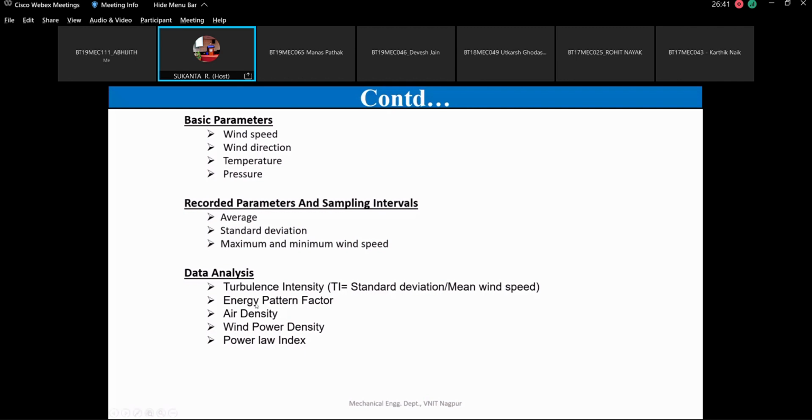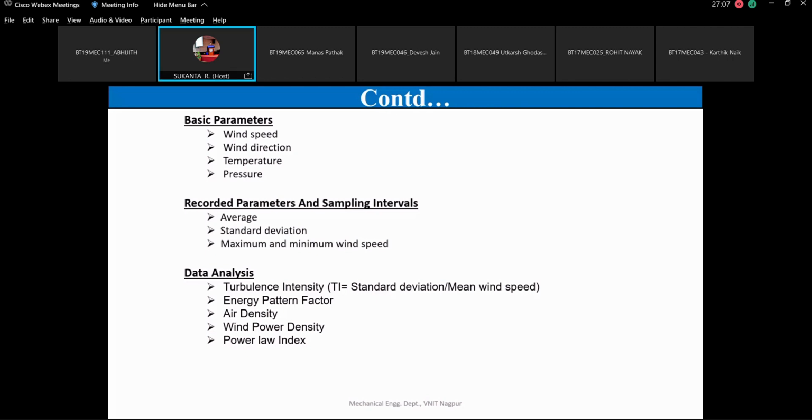As you know, the wind speed is more if you go above the ground level. So suppose at 10 meter height from the ground level, the wind speed is 5 meters per second. At 30 meter height, there is a chance to be more than what we are getting at the 10 meter height.